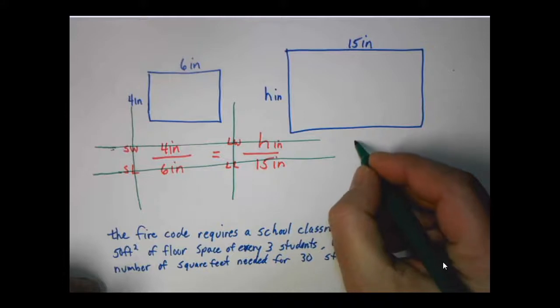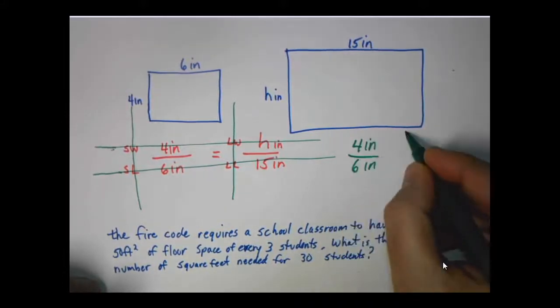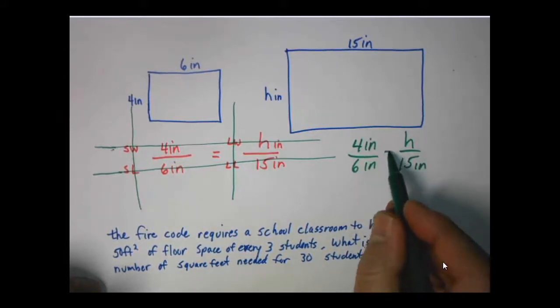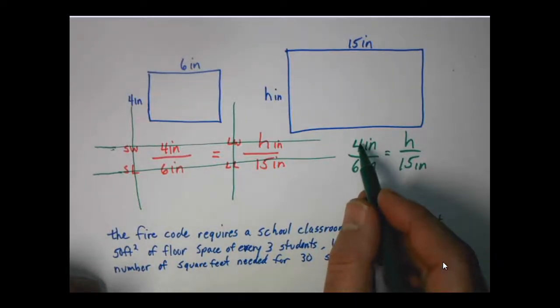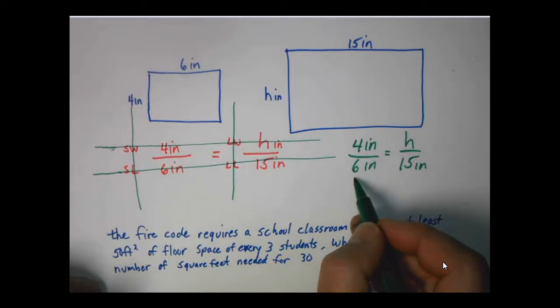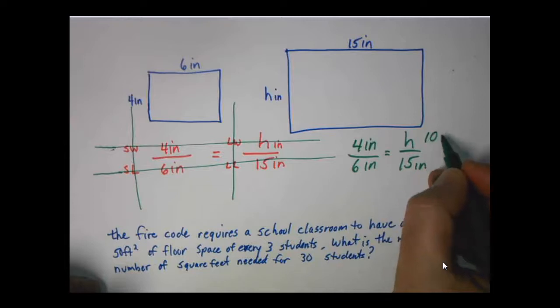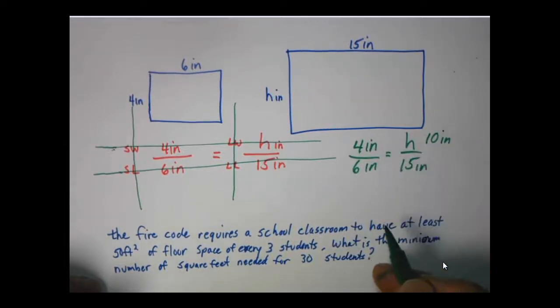So I'm going to rewrite this here without the grid on it. So now we would cross multiply and divide. So here are the two that line up. So 15 times 4 is 60. I divide by the odd guy out, which is 6, and I'm going to get 10. Correct.